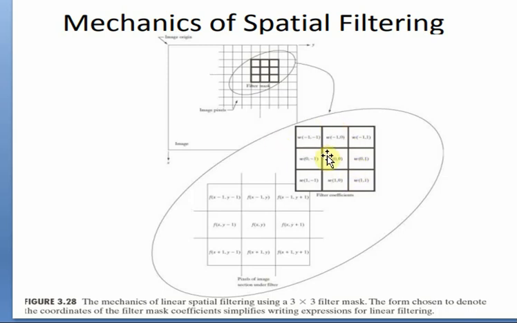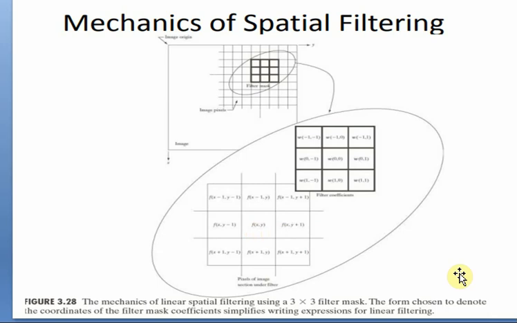These values perform the particular operation on these particular pixels of the input image, and then you can get the modified value at this position. If you have one value f of x comma y in the input image, by finding the new value based on these weighted coefficients and the neighbor pixels of f of x comma y, you get the modified value, and it is stored in g of x comma y. Let g of x comma y be the enhanced image or output image.